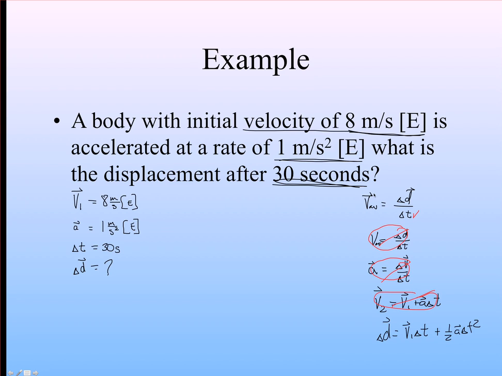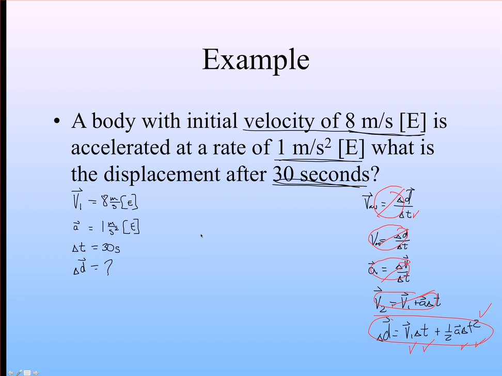However, this one, so this is not useful in this case. We have a v1, we have a figure for delta t, and we have a figure for acceleration. We can use this equation then to find our displacement after 30 seconds. And so we don't even have to rearrange anything to do that.